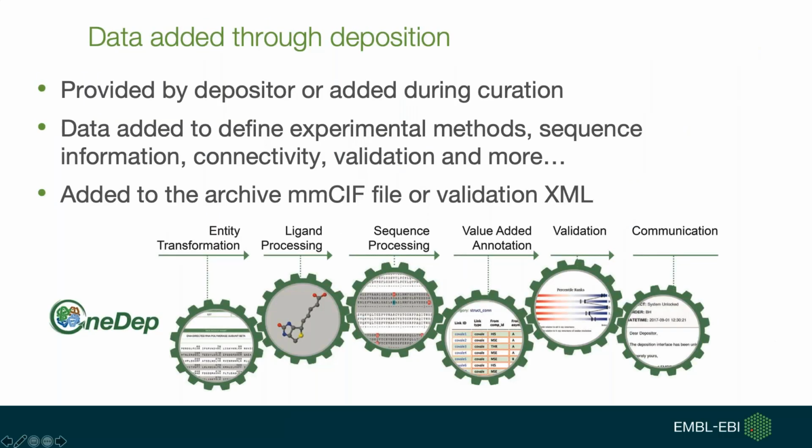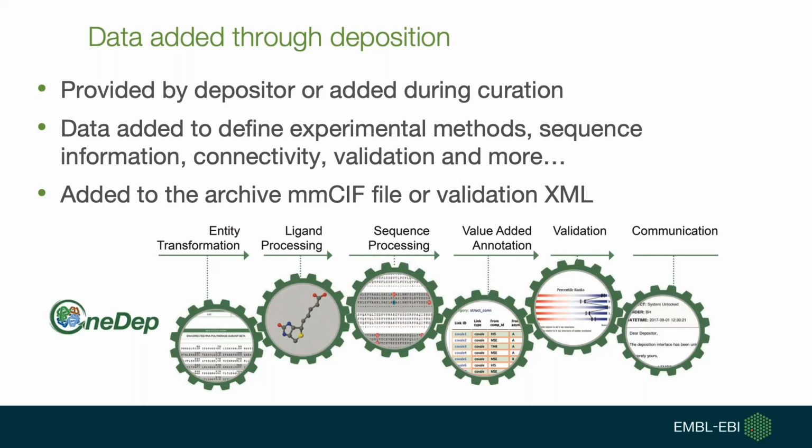All the data in the Protein Data Bank is deposited using wwPDB's deposition system named OneDep. The coordinate data as well as some additional data are received from the depositors. These data are enriched as part of the curation process. This includes ligand processing, sequence processing, where PDB sequences are mapped to the UniProt sequence, and other value-added annotations.